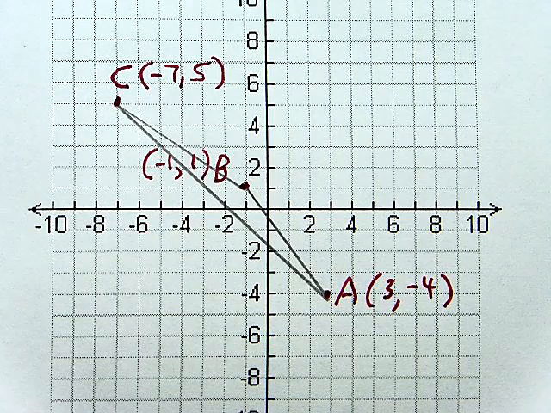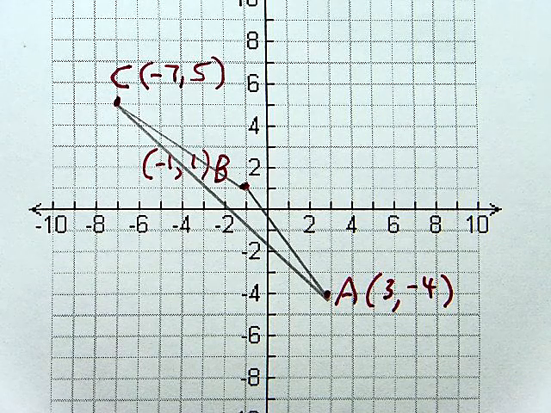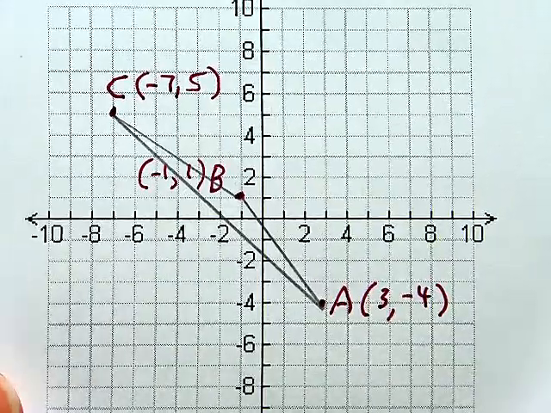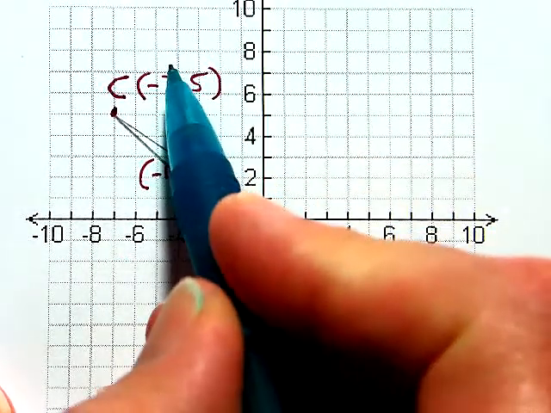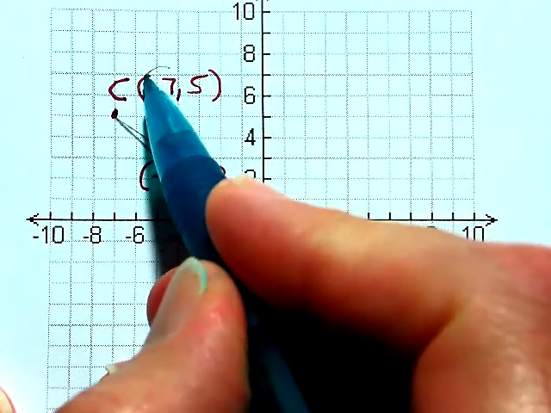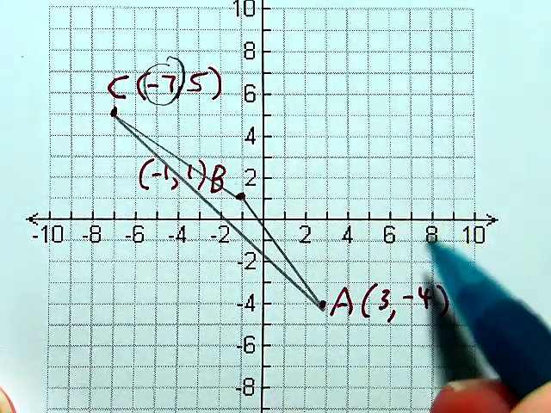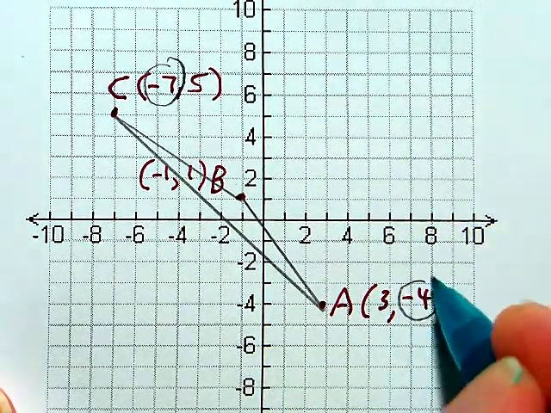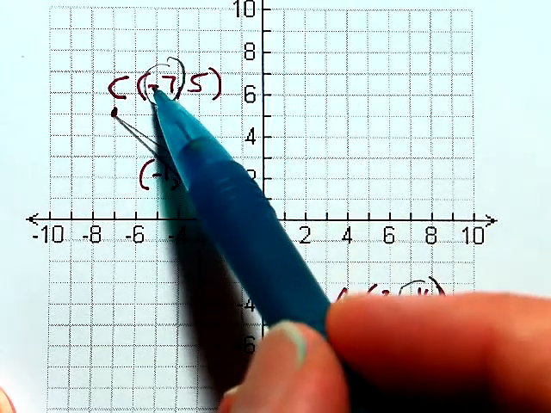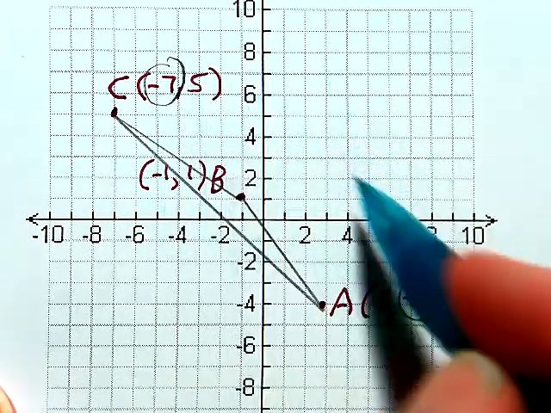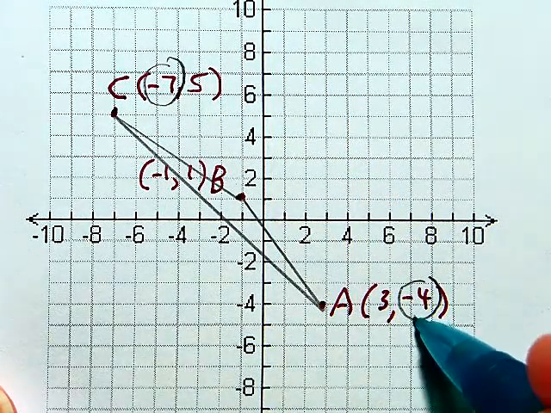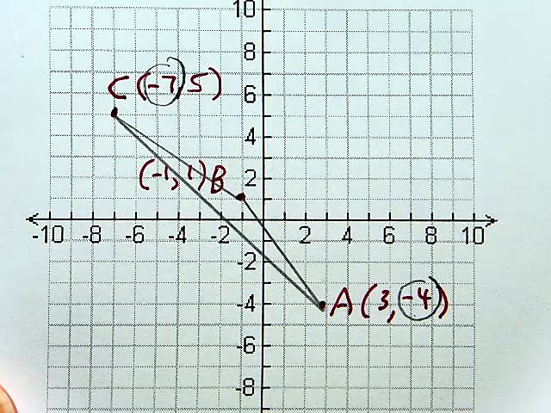Now, like I said in the prior video, if you really have no idea where the third point should go, then what you should do is look at the higher point and choose the x value, and then look at the point that's lower down and choose the y value. The point that has the x value of -7 and the y value of -4 is going to be the point that we want to make that third point of the right triangle.